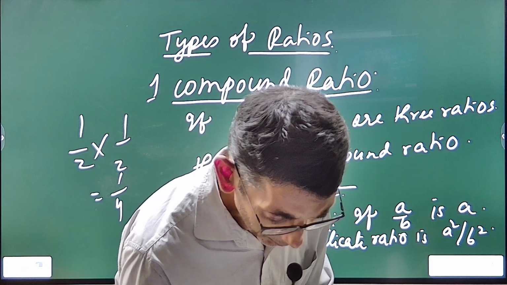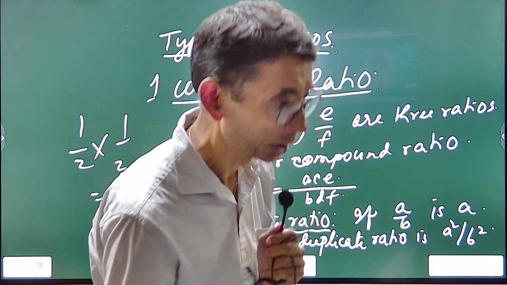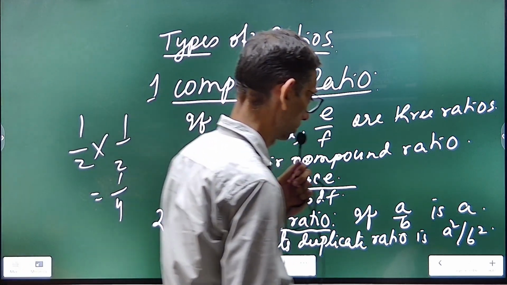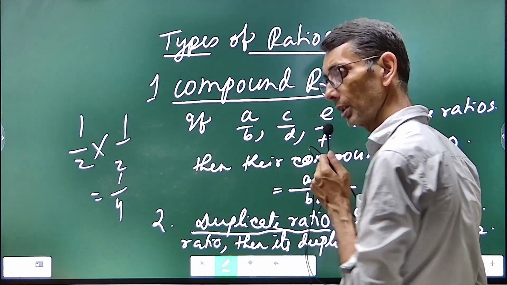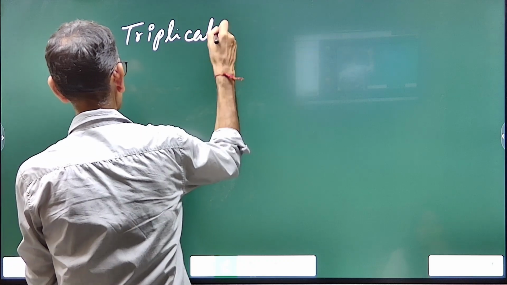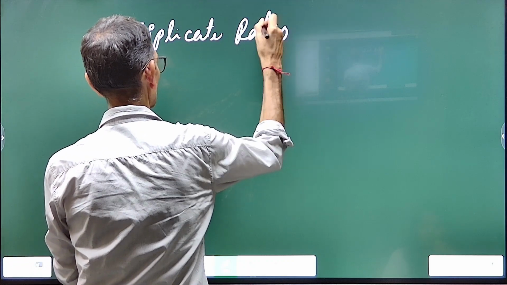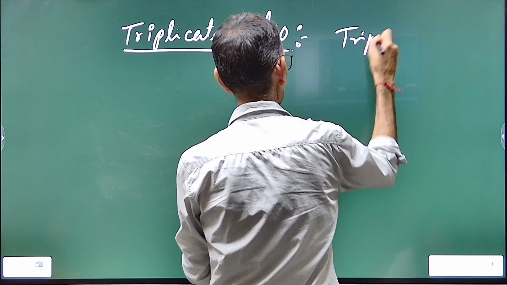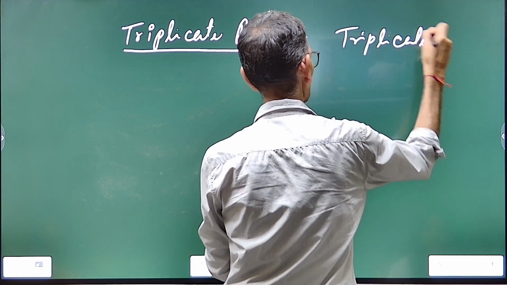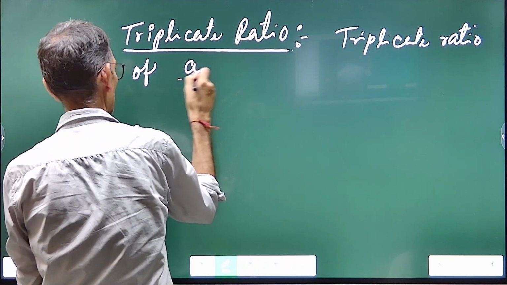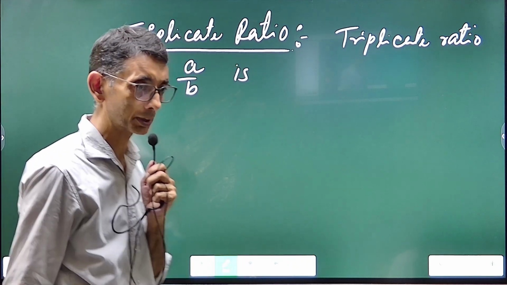Next, triplicate ratio. Triplicate ratio of A by B is, can you guess?